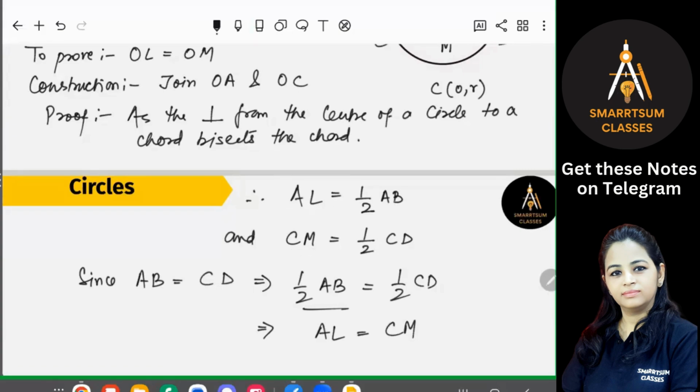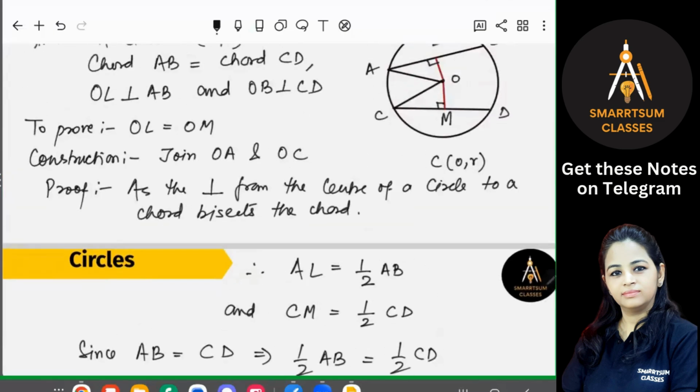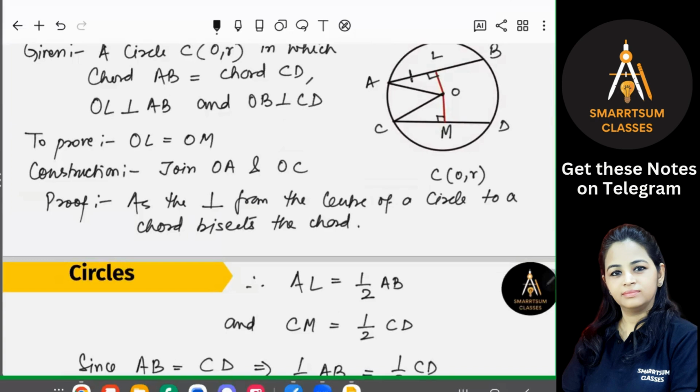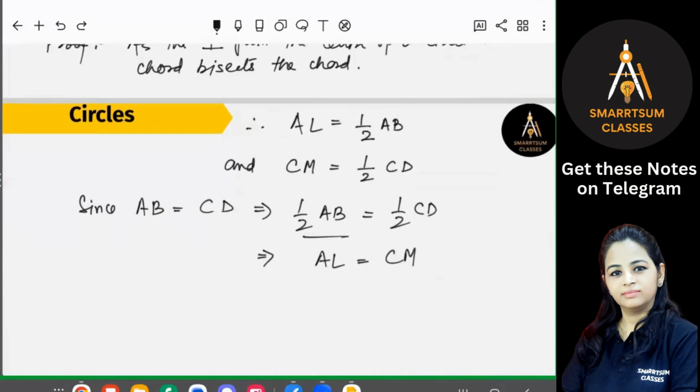Okay. So what we have proved is that AL is equal to CM, right? Means this part of the line segment is equal to this part. AL is equal to CM. This we have proved. Now from this, what we will do? Now we will consider the triangles.